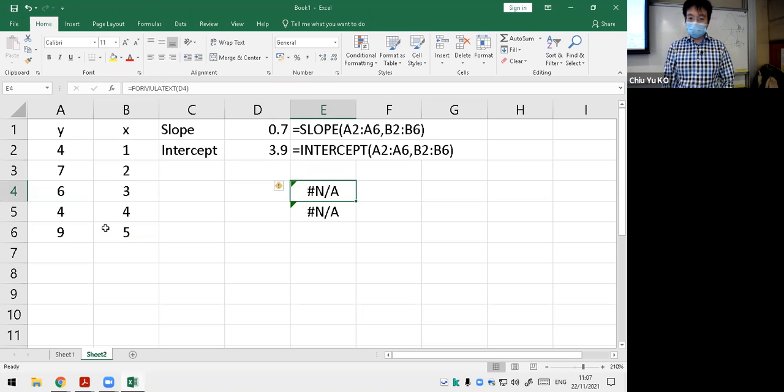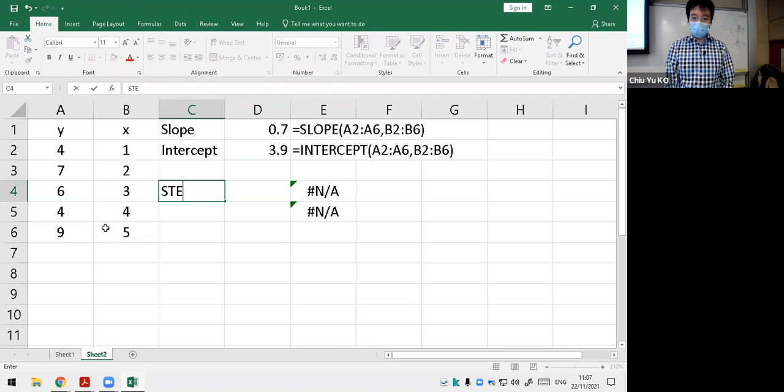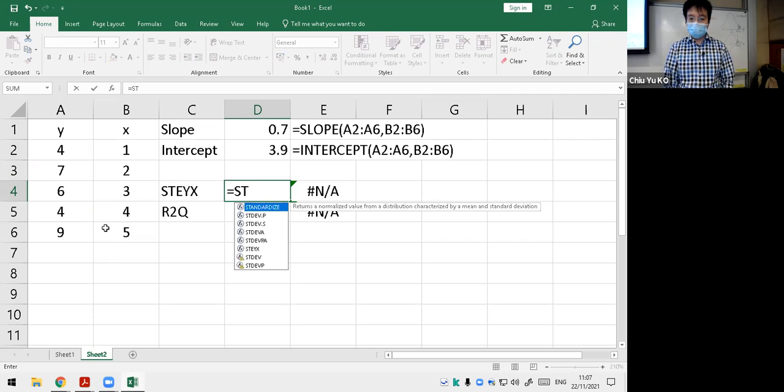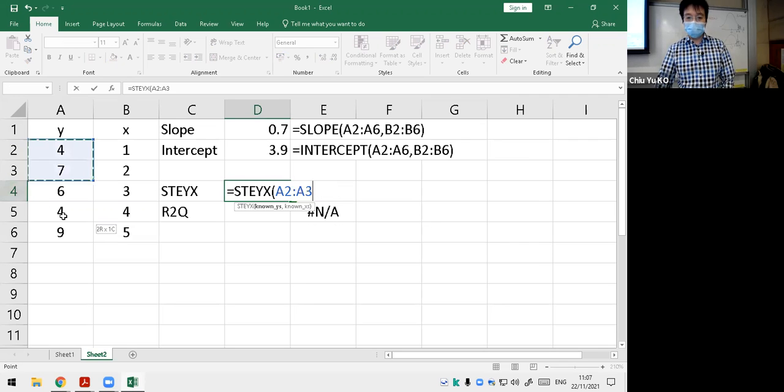So what I'm going to do today is show you two things. One is called the standard error of regression. It's called STEYX. And the other one is called R square. So we have the standard error of regression. What's this? This is the S. I erased it, but that guy.